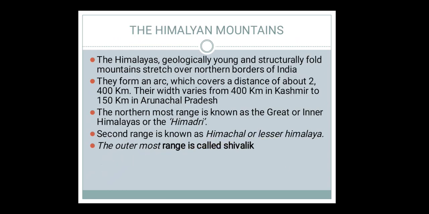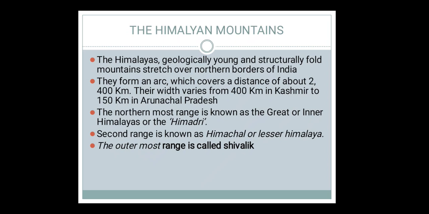First of all, we will discuss the Himalayan mountains. You all know that in the north and east of India, the Himalayan mountains are found. They are young fold mountains.